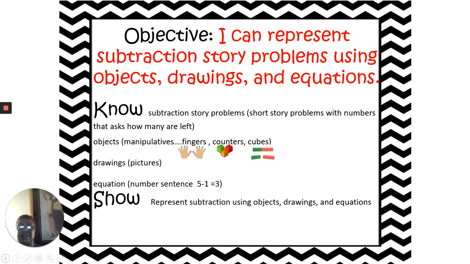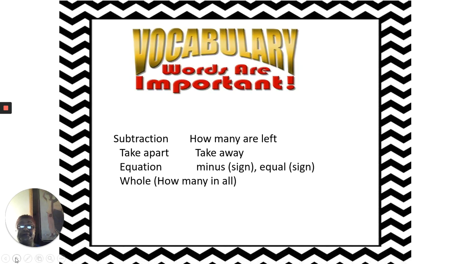A drawing is just a picture to represent the story problem. Another word for equation is number sentence, such as 5 minus 1 equals 3. And we are going to show by representing subtraction using objects, drawings, and equations.